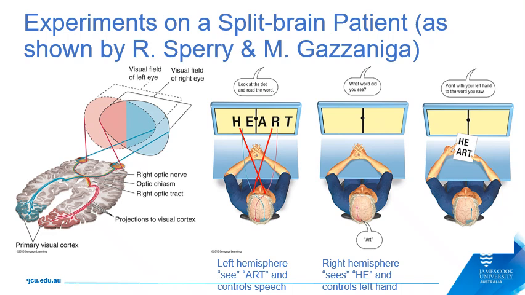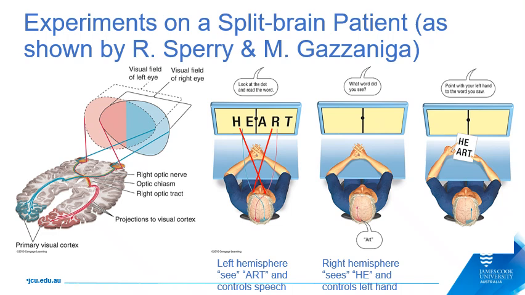When he looks at it, HE goes to his right hemisphere and ART goes to his left hemisphere. When he is asked what word he saw, after the disappearance of HEART, he will report that he sees the word ART, because that is what is being processed by his left hemisphere, which is predominantly involved in language processing.